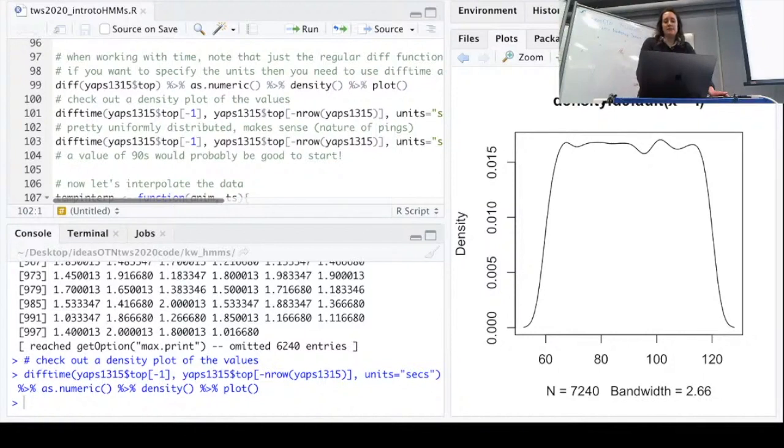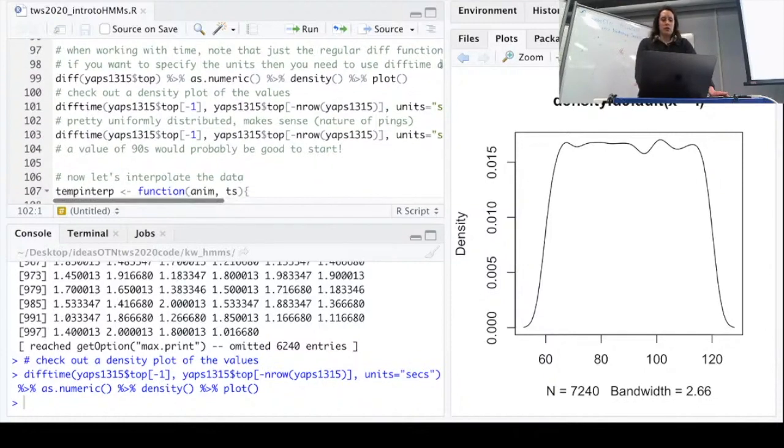So here we see the same density distribution of those time differences, and we can see that it's centered right around 90 seconds. So we're looking at that 90-second animal. And that makes sense that we're going to have a little bit of variation around it because it was random within the 60 to 120 second interval for the time of pings.